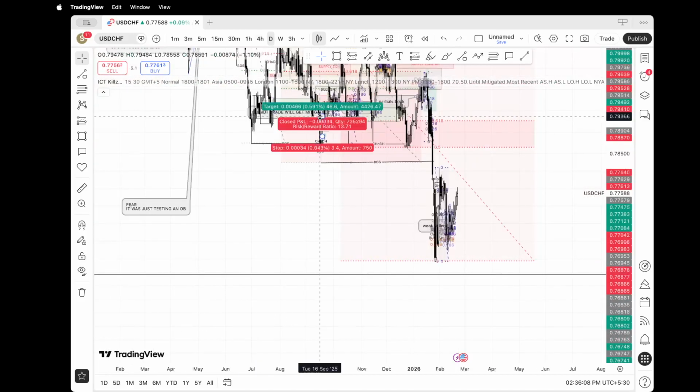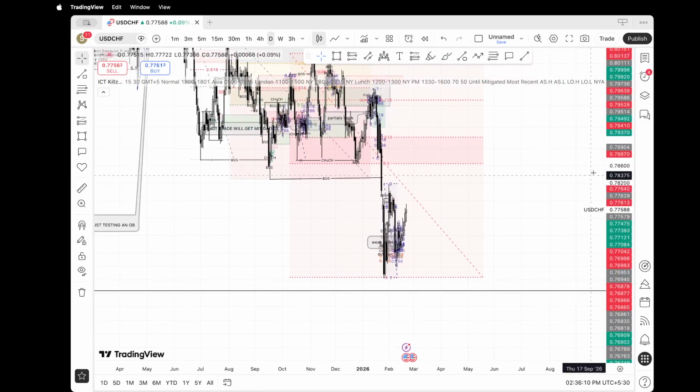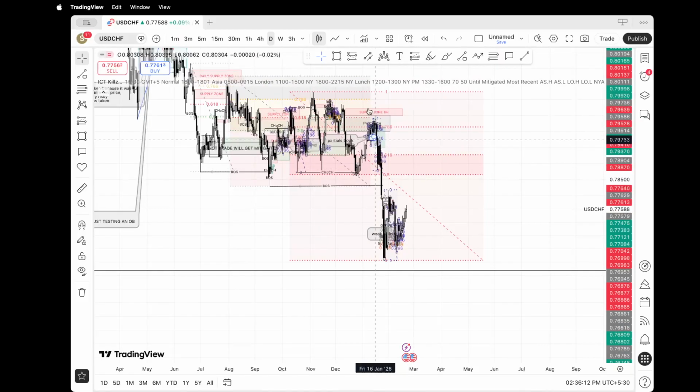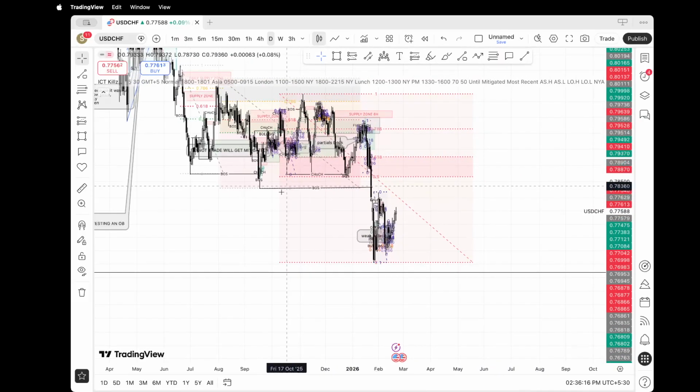and daily. So if you see daily, there are two cases. One is the very higher time frame, and the recent one.